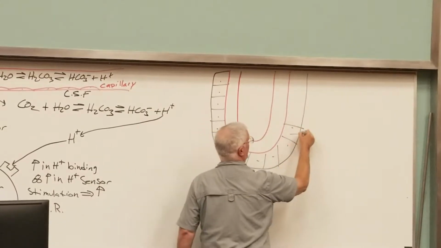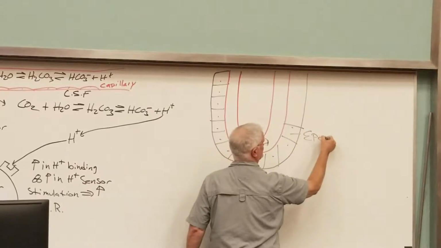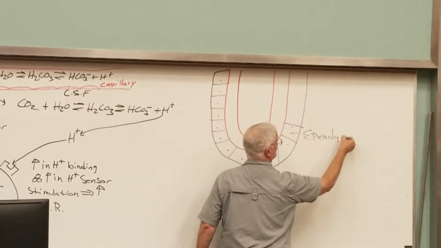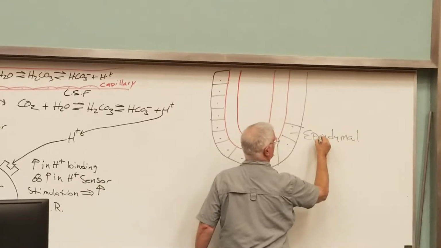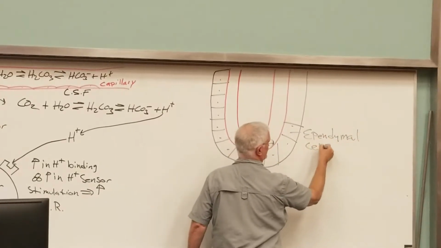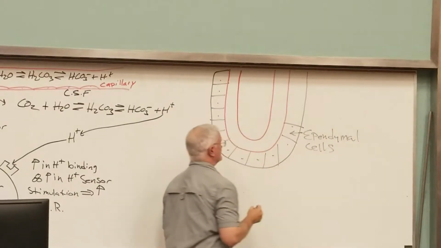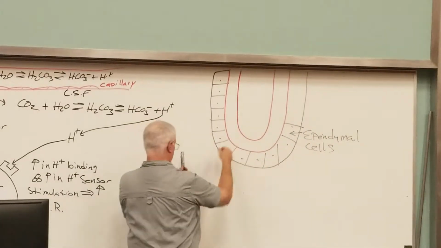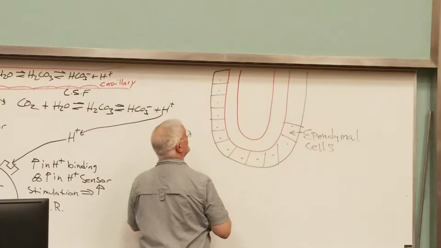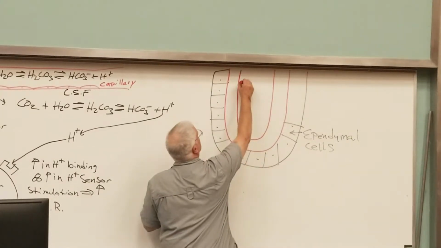And this will be an ependymal cell. And then we have blood here.